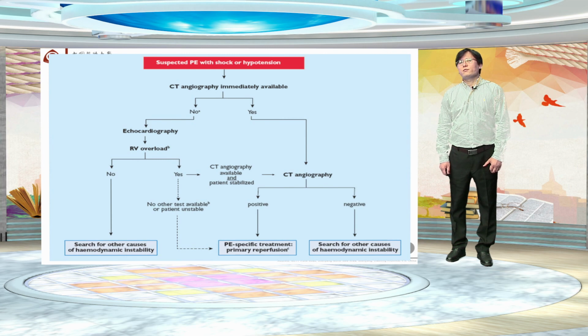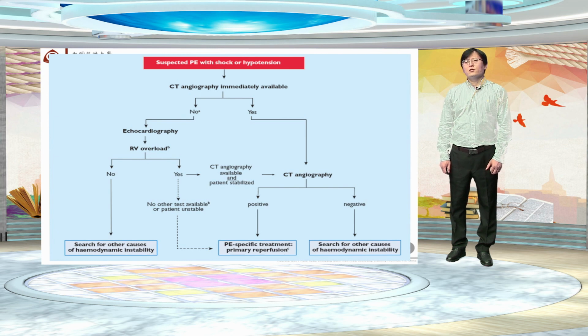But sometimes the patient is so severe that you can't even move them. You can't take the patient out to do the CT angiography. At a time like this, we can do echocardiography. It is a point-of-care examination. We can do it while the patient is in bed. We examine the patient to find out if the patient has right ventricle overload.